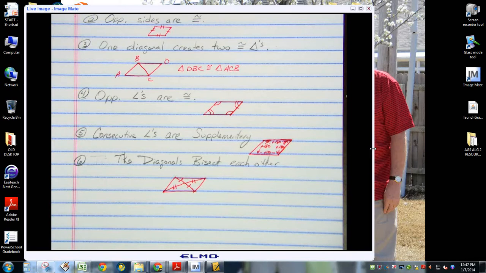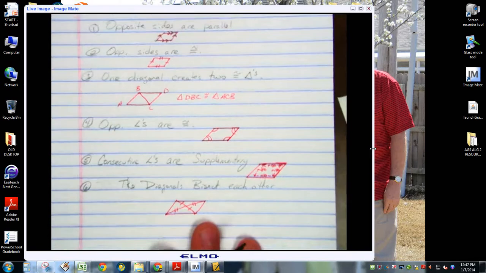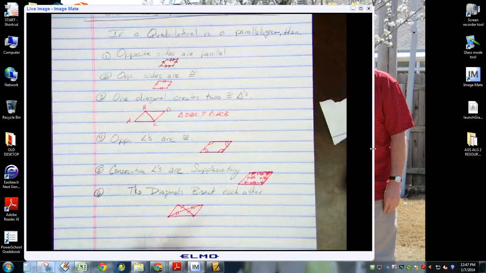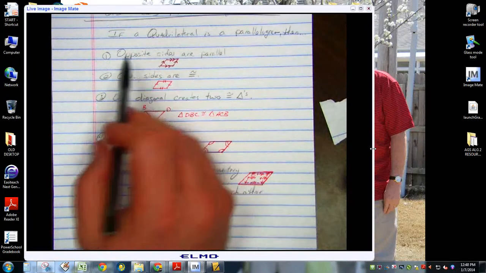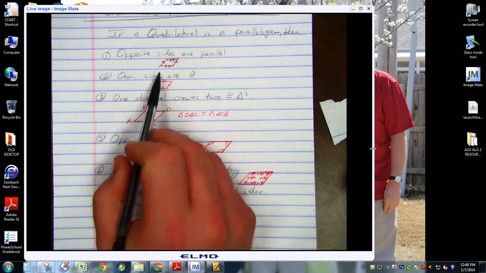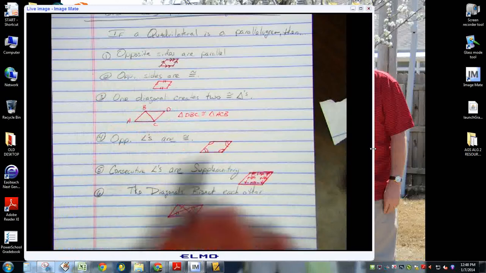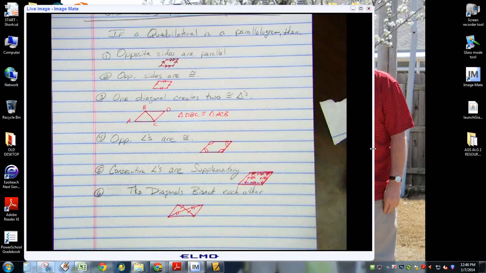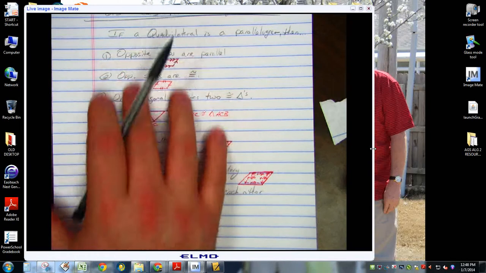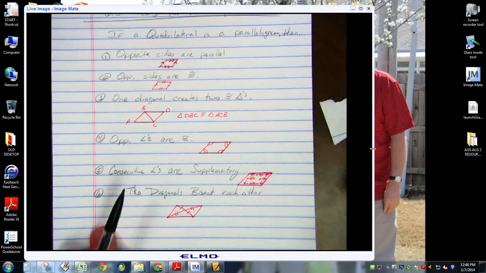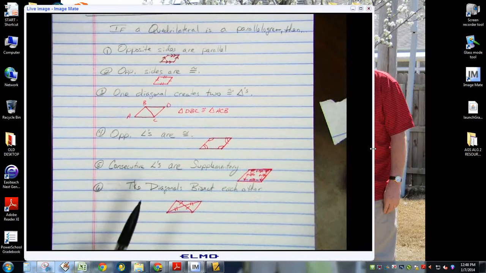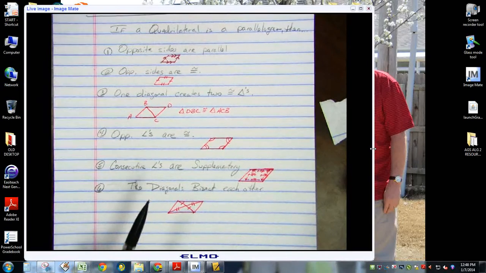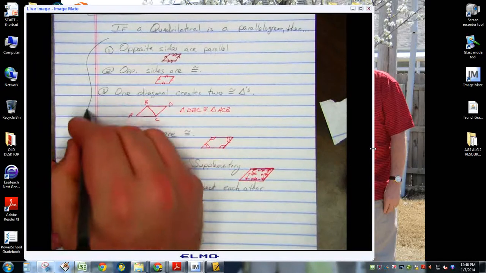Now, the new one. If you remember at the top of this statement, I say: if a quadrilateral is a parallelogram, then this is true, this is true, this is true, this is true, this is true, this is true. There's one other thing that's true. If you find any one of these to be true, then you can say that it's a parallelogram.